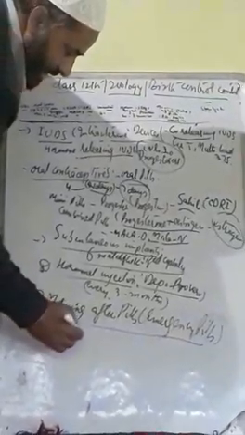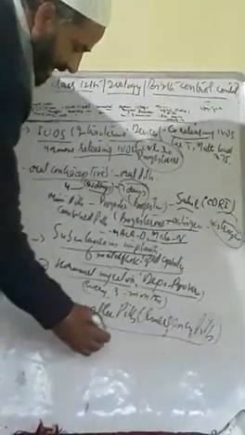If these pills are taken within 72 hours after unprotected intercourse, they can prevent conception.